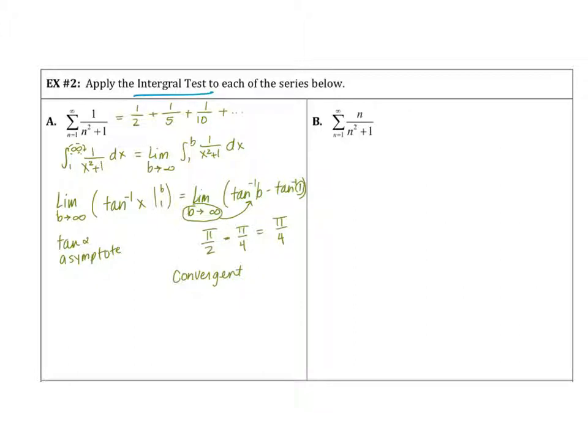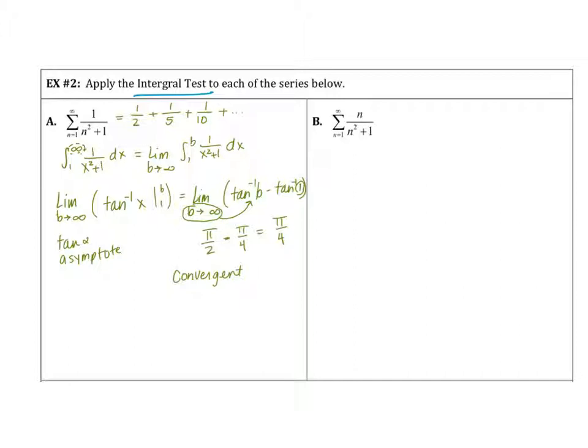Okay, let's look at part B. And again, we can extend out some terms here if we need to, or we can just look at it in our minds. We do need to do our nth term test, and we see very quickly that this limit would be 0.